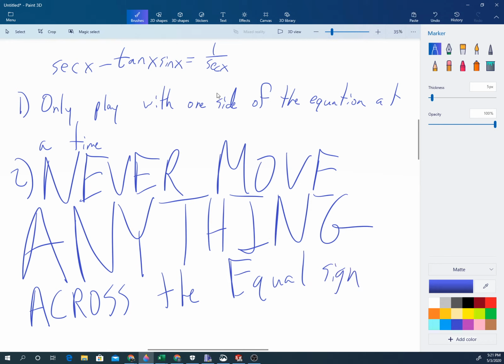Never, ever, ever. You're going to pick one side and play with it, and then see if you can get it to look like the other side. At most, you might need to play with them each, but you play with them each separately until they both equal the same thing.